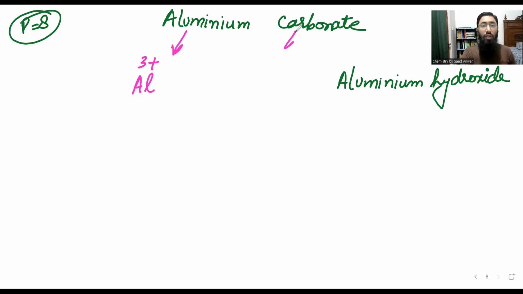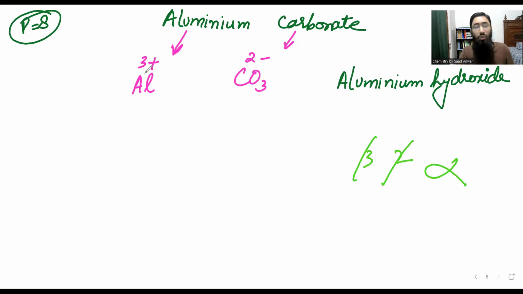And for carbonate, we have CO3 minus 2. So we do crossing over like this. Because you see, we cannot cancel this 3 with this 2. Can we cancel 3 with 2? We cannot. What we do is transfer this 2 to the bottom of aluminium, and we transfer this 3 to the bottom of carbonate like this.